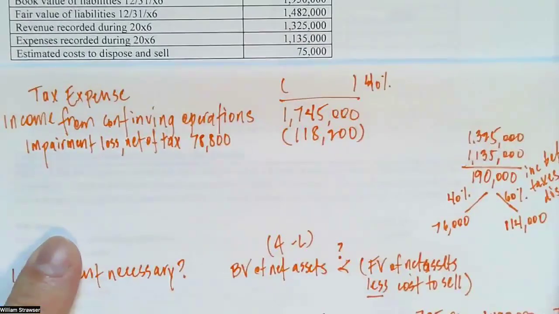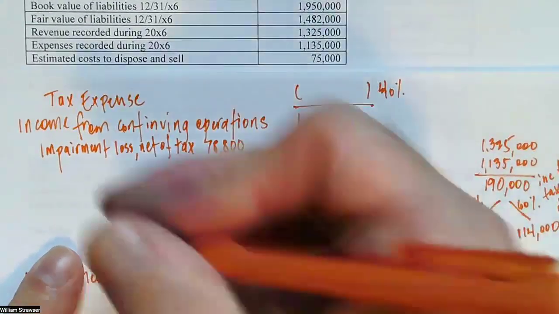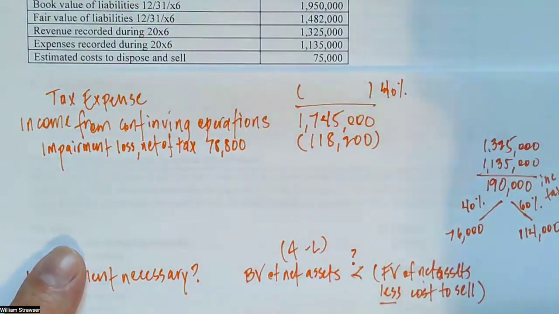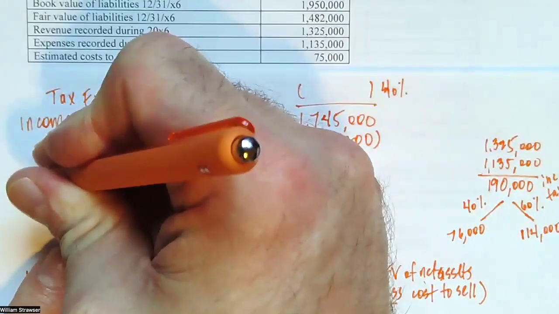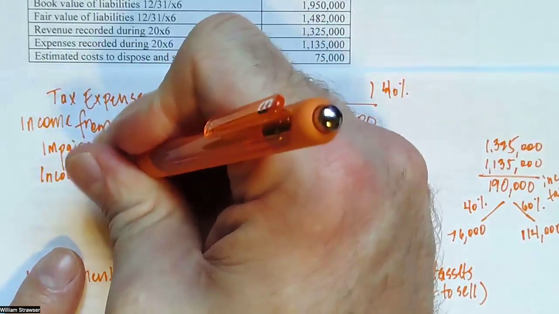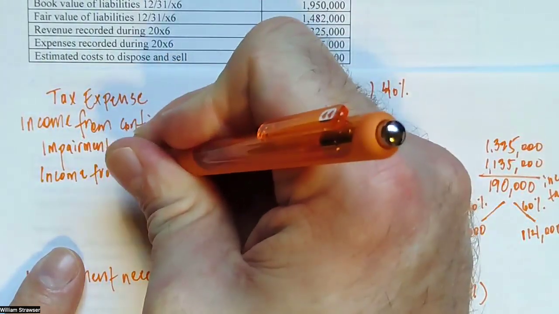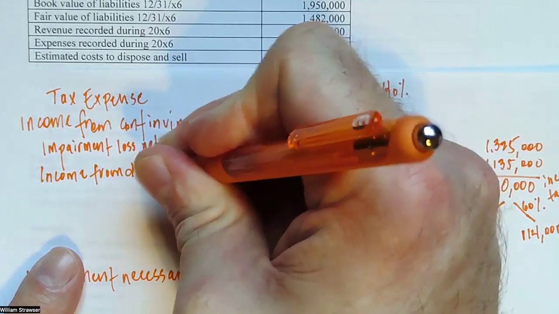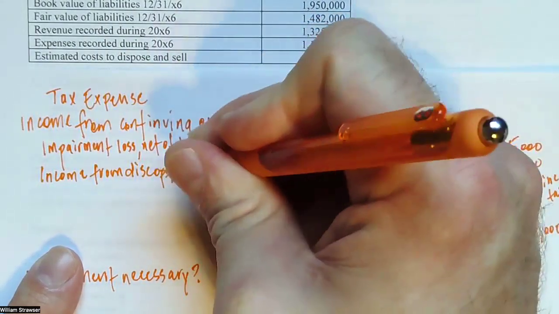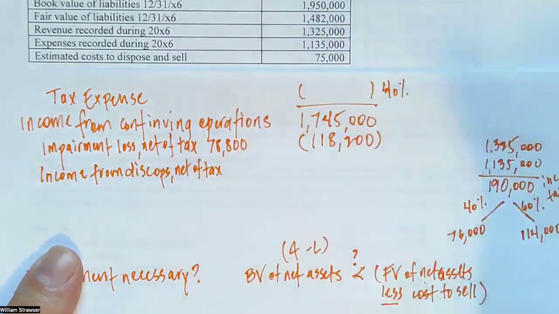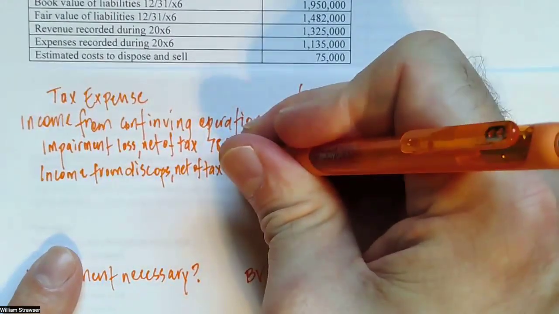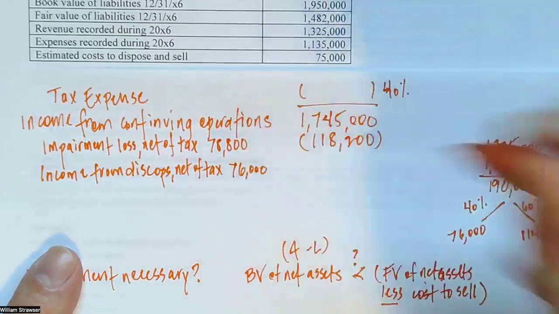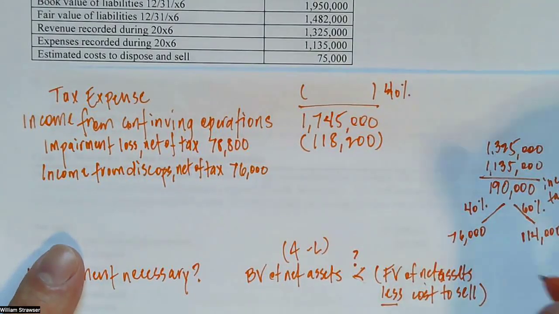Remember, what I want to then show is I have income, because it is positive, right? The revenues were larger than expenses. Income from disc ops, net of tax, and the tax that it's net of is 76,000. And the amount that's remaining is positive. It's the 114.